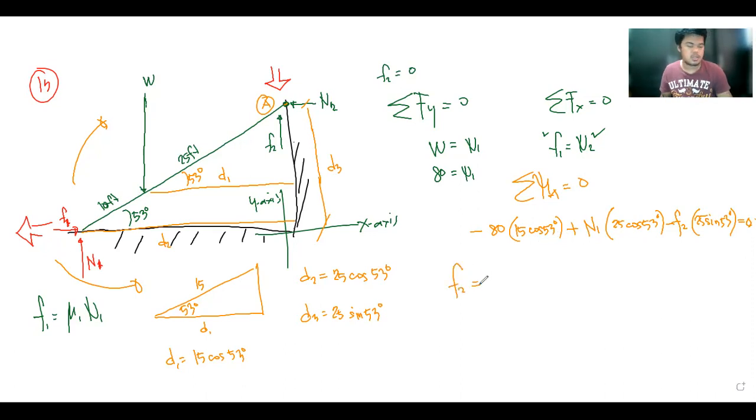Just substitute the value of N1, so that's negative 80 times 15 cosine of 53, minus 80 times 25 cosine of 53, negative, divided by negative 25 times sine of 53. F2 then is equal to 24.11 pounds.